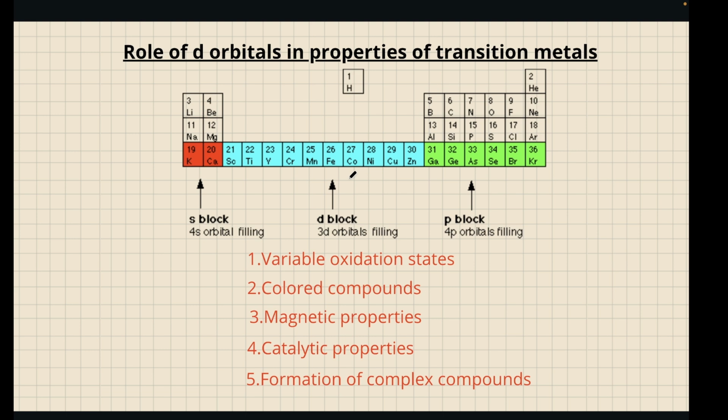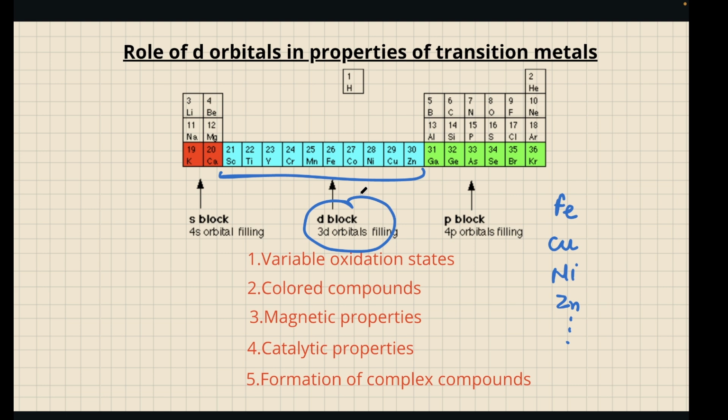Transition metals are defined as the elements that have partially filled d orbitals in their atom or in their ion, like iron, copper, nickel, zinc, etc. In this periodic table, blue color boxes show transition metals. They are also called d block elements because their last electron goes to the d orbital.